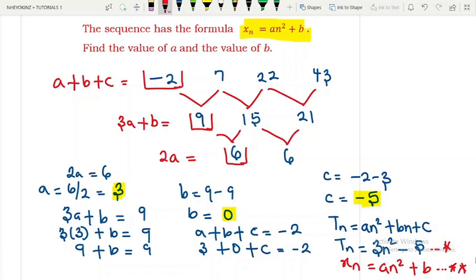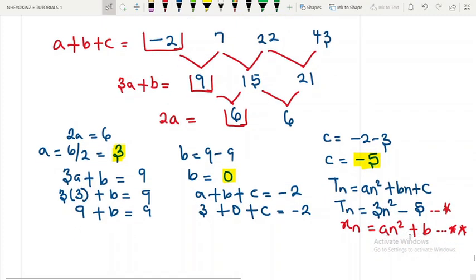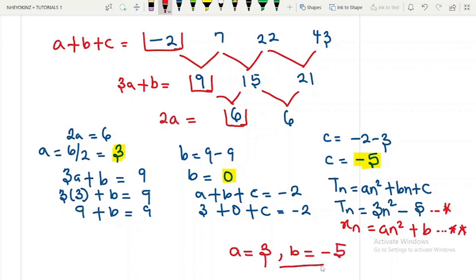Now if you compare the two equations, you observe that the value of a is equal to 3, while the value of b equals negative 5. So that is the solution to this problem.